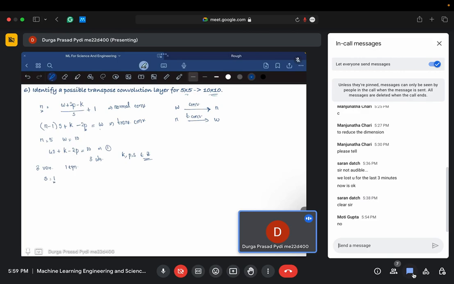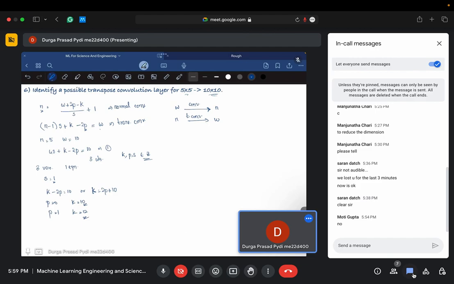If stride equals 1, k minus 2p should be equal to 10, or k equals 2p plus 10. If p equals 0, I get k equal to 10. If p equals 1, I have k equal to 12. But all of this will use bigger kernels, which is something you might not always want.